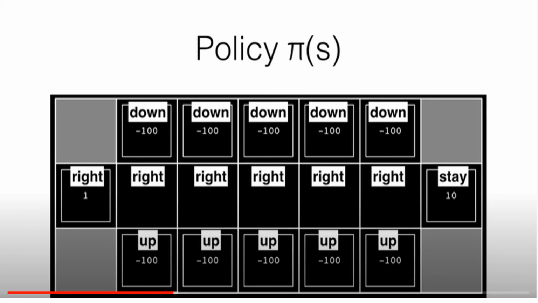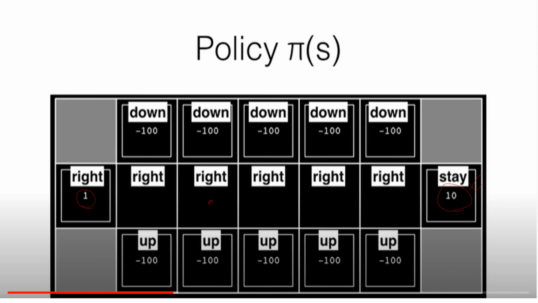Okay, so this is an example policy that we see. You see here, this is one goal state and another goal state. A good agent is supposed to reach this goal 10, because that is having the maximum reward. We are not supposed to get stuck here. So these are the policies you see. Let's say the agent is here.